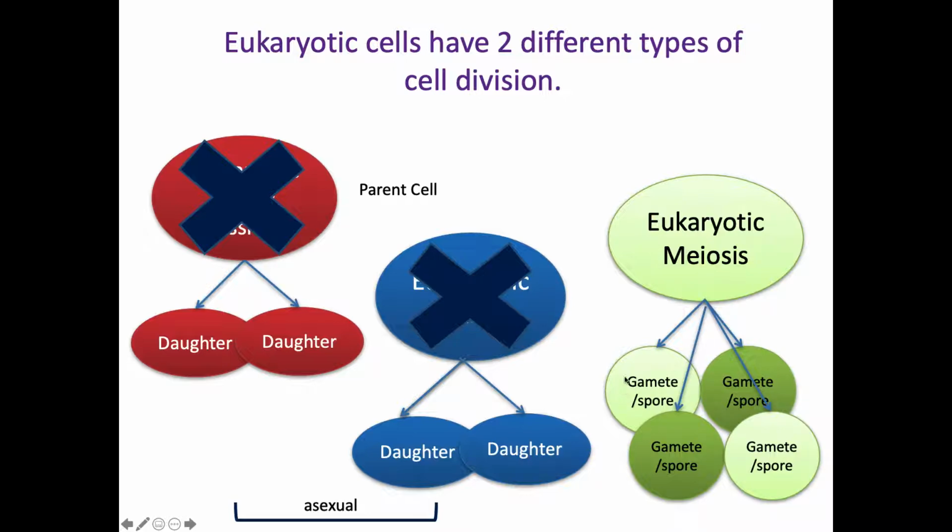The result is 4 daughter cells rather than 2 daughter cells, and these 4 daughter cells are genetically different from each other and genetically distinct from the parent. The genetic information that each one of these daughter cells has is a subset of the original genetic information that was in the parent cell. Meiosis is required for sexual reproduction in eukaryotic cells.